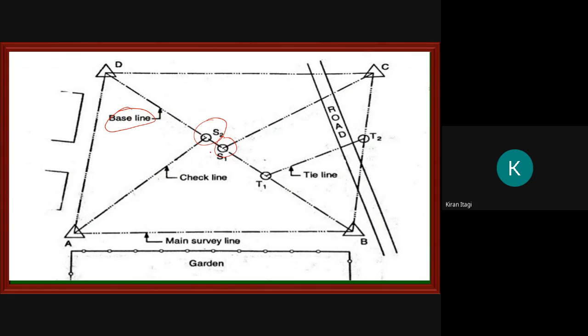Here it is not located on the main survey line. Some examples will be located also in main survey lines, where the triangulation is also found. You can see it is represented by 0 or O, and they will divide the entire plot into a number of triangles.